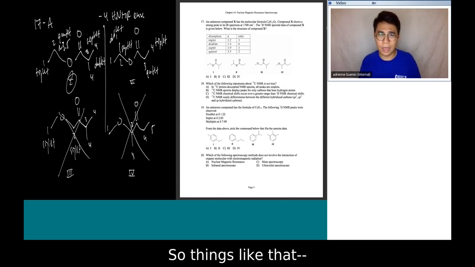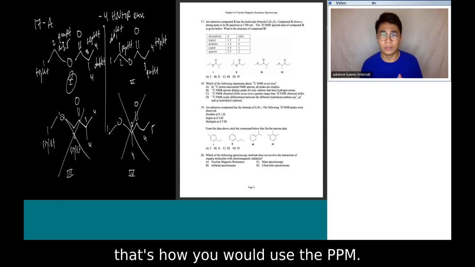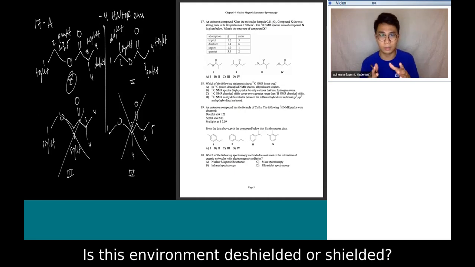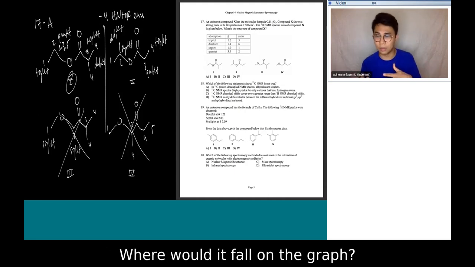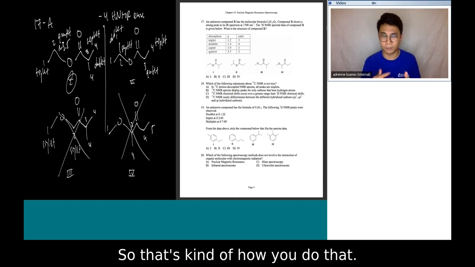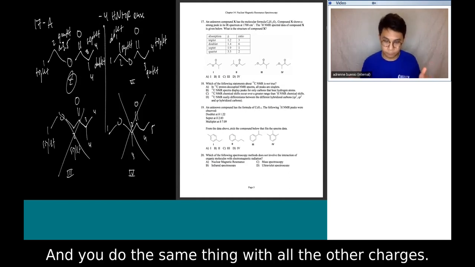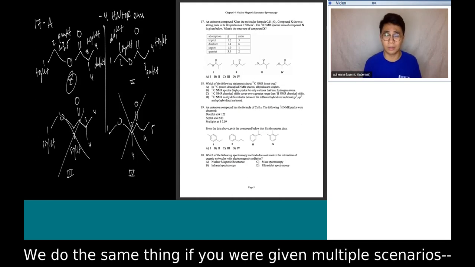So that's how you would use the ppm. Is this environment de-shielded or shielded? Where would it fall on the graph, right? So that's kind of how you do that. Hopefully that helped. And you do the same thing with all the other charts. You do the same thing if you're given multiple scenarios.